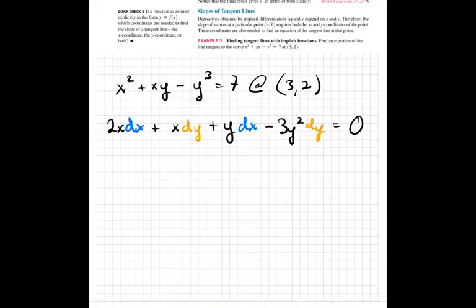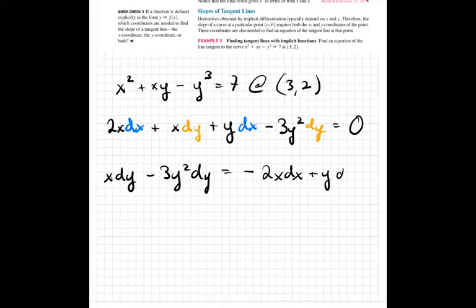So then on the left, we're going to have x dy minus 3y squared dy equals, if we move those dx's to the right, we're going to have a negative, that's fine, 2x dx plus y dx. Okay.